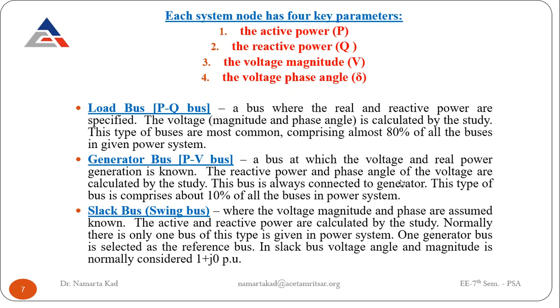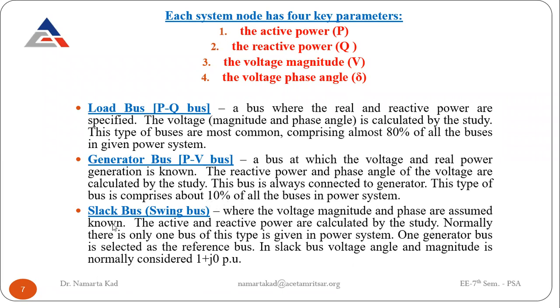The reactive power and phase angle of the voltage are calculated by the study, and this bus is always connected to a generator. Whenever this bus is present in the system, it is always connected to a generator. That's why it is called the generator bus. This type of bus comprises about 10% of all the buses in a power system.